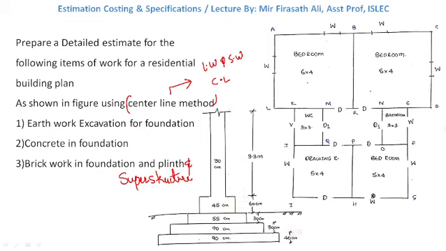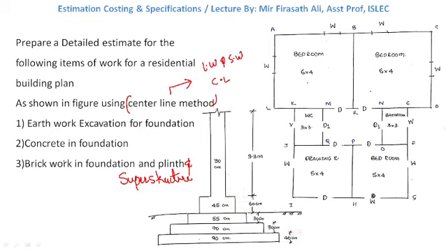As you can see, a residential plan is given on the screen, shown in the figure. We have 3 bedrooms, one drawing room, 2 bathrooms, and one common area, and its respective section is given in the section figure. The walls are 30 centimeter thick.